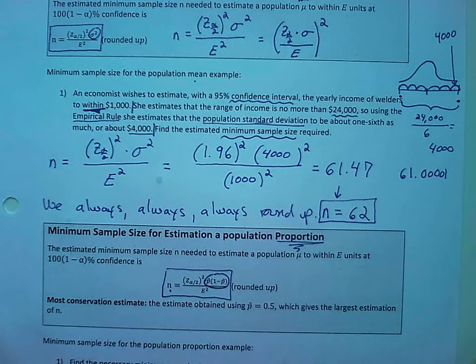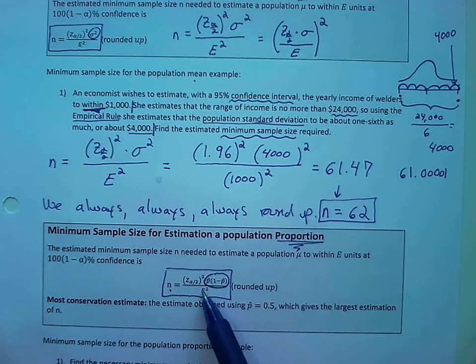There could be a situation where the problem tells us what p hat is, but there could also be a situation where the problem does not tell us what p hat is. If it tells us what p hat is, or some estimate for p hat, well, then we can just plug that number into the formula and we're good to go.